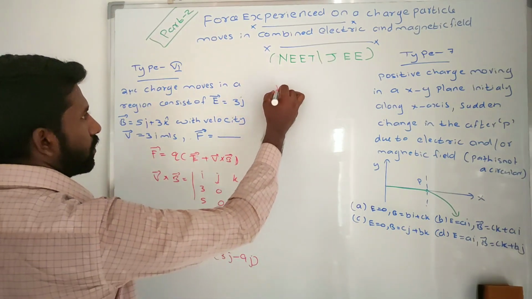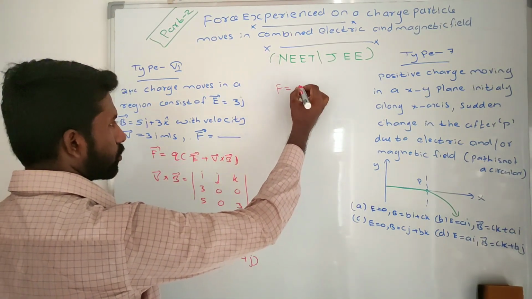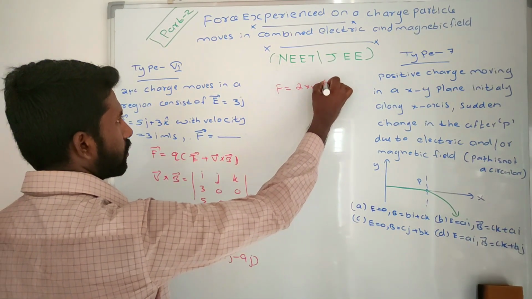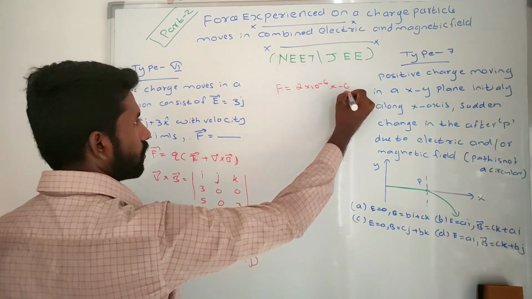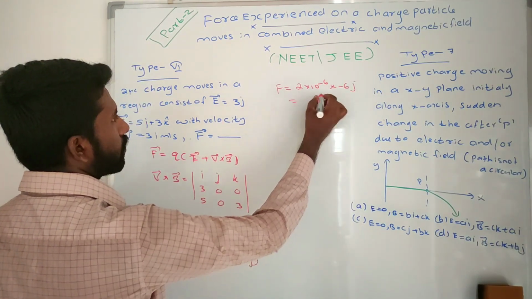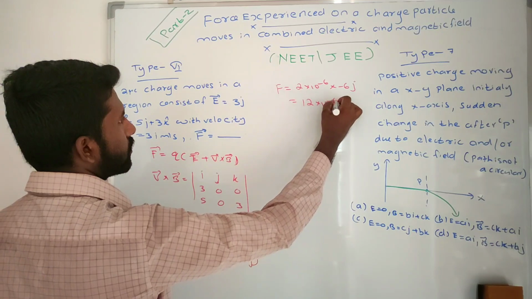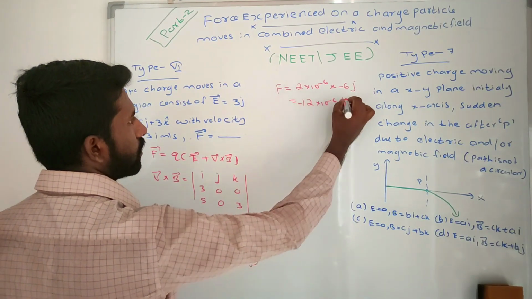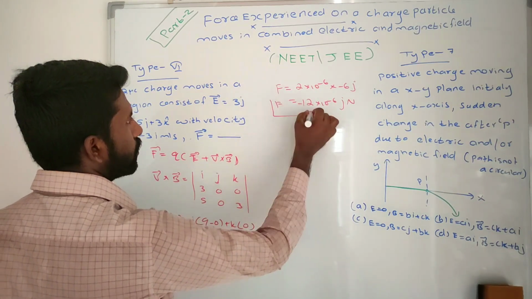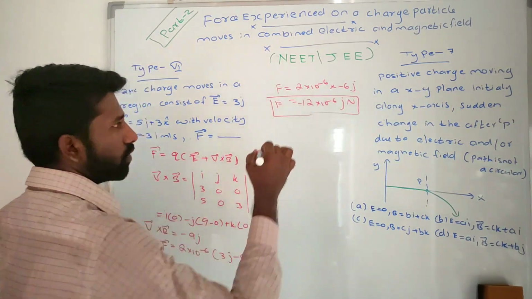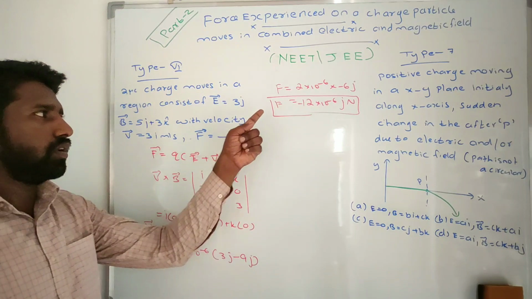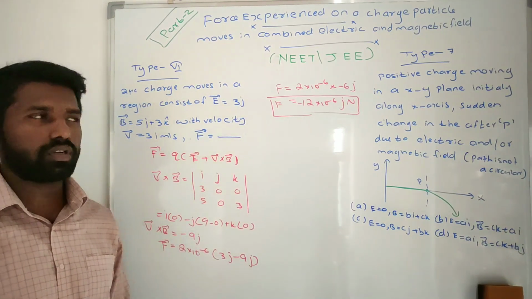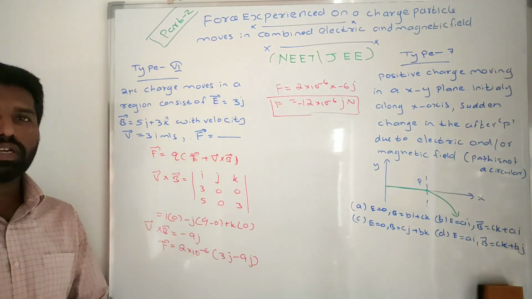So F is equal to 2 into 10 power minus 6 into minus 6j. So you get 12 into 10 power minus 6 minus j. Note this is the force. So the force is acting in the minus y direction and the magnitude is 12 into 10 power minus 6 Newton. Okay. This is about type 6.